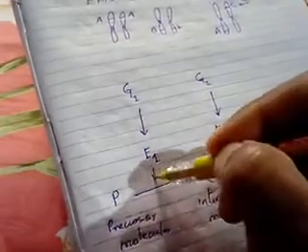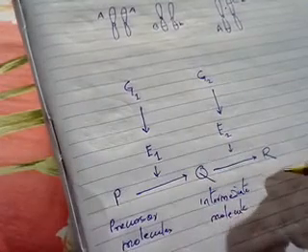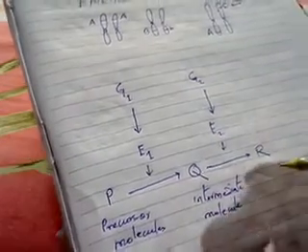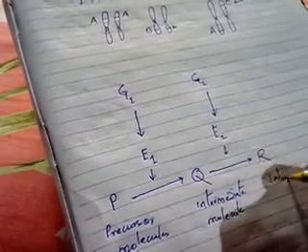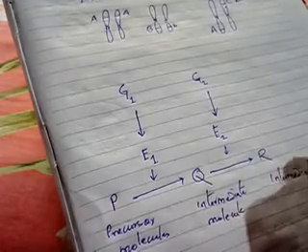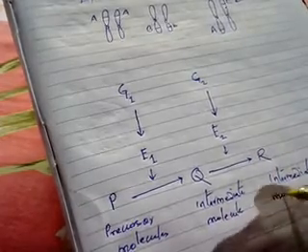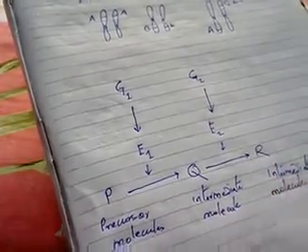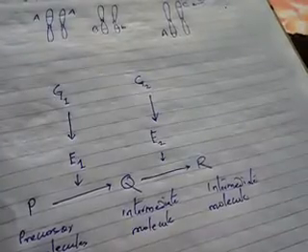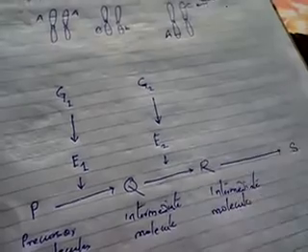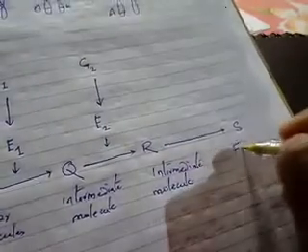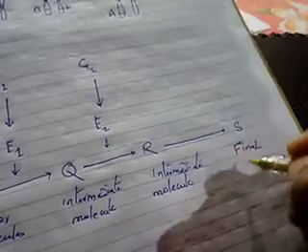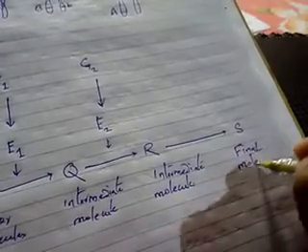And the E2 converts Q to R. This R also is an intermediate molecule, and finally this R is converted to S. S is the final product.